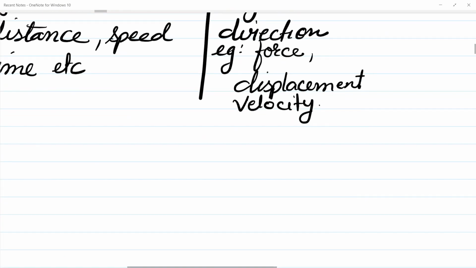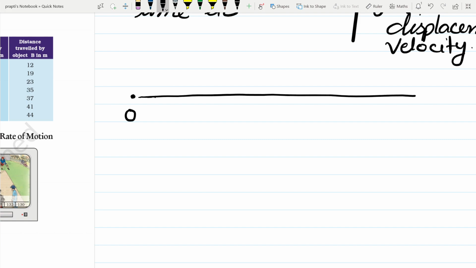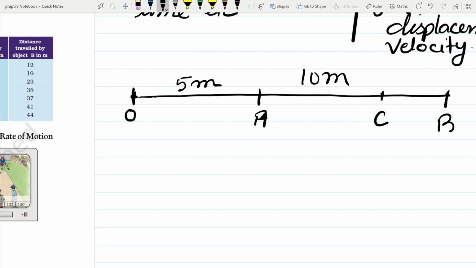Say for example, there is an object at point O. It is moving along this line. It reaches point A, and the distance between point O and point A is 5 meters. From A to C, it is say 10 meters. Point B, it is 2 meters.